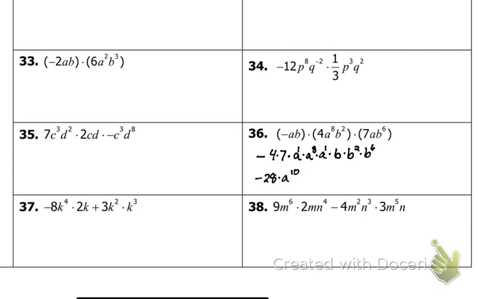Times a to the 10th times b to the first, second, sixth. That's 1 plus 2 plus 6, which is 9. I got it right, but I added up the exponents.